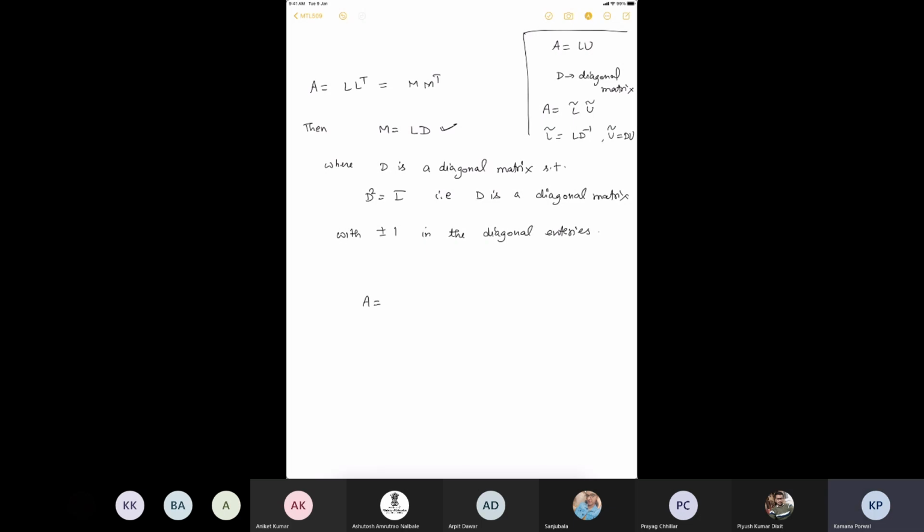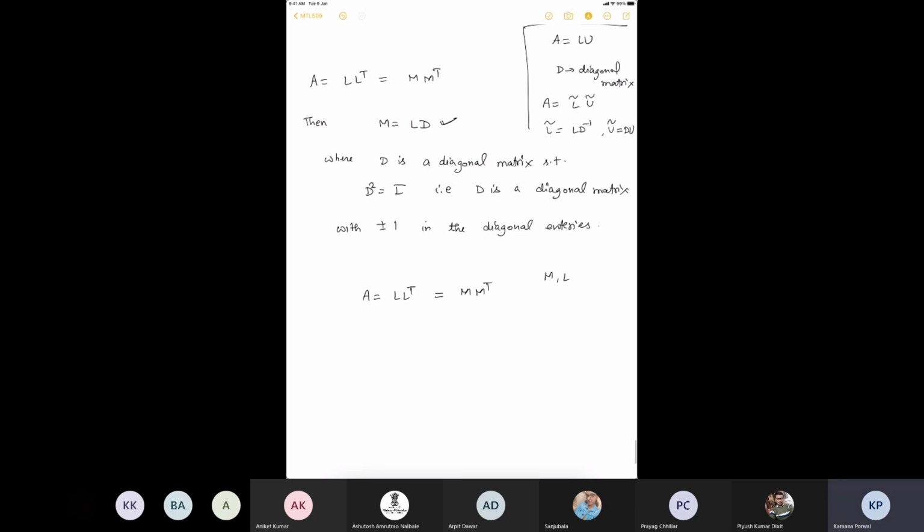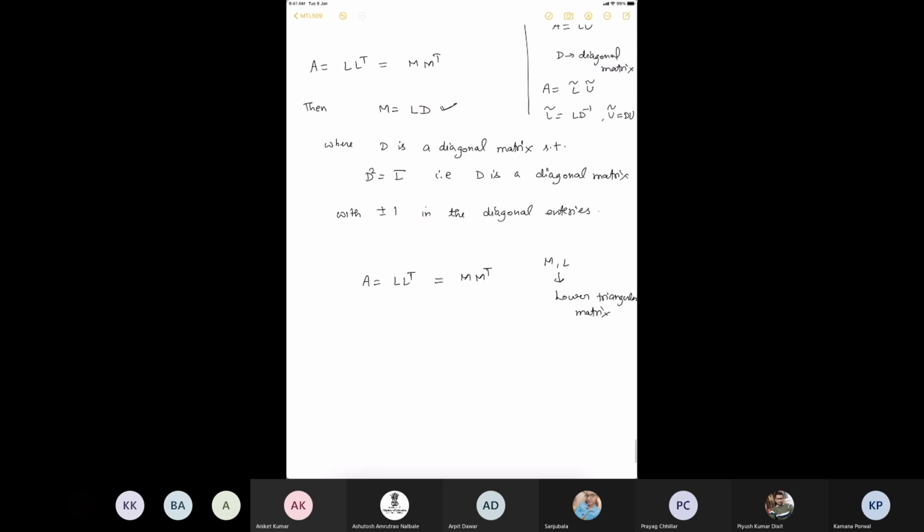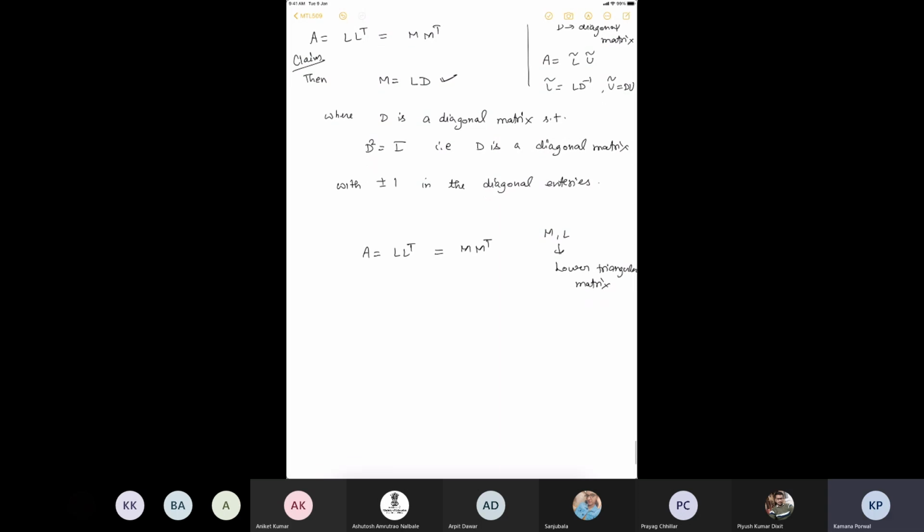So we have A equal to L into L transpose, and this is the same as M into M transpose, where M and L are lower triangular matrices. Okay, so note that from here, I can write M into M transpose, and let me take the L that side.